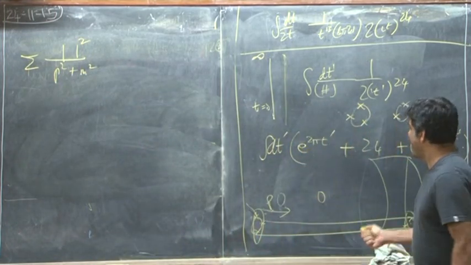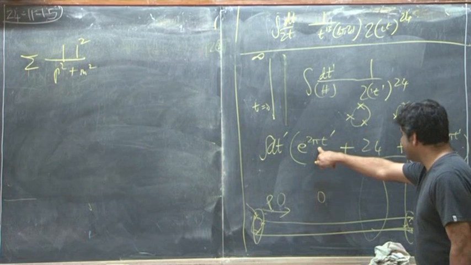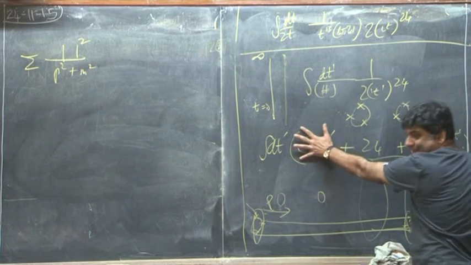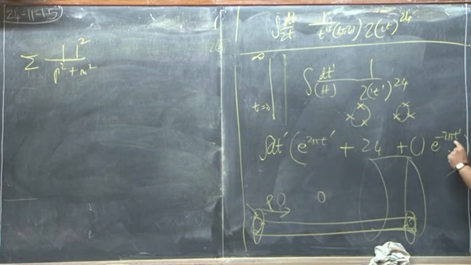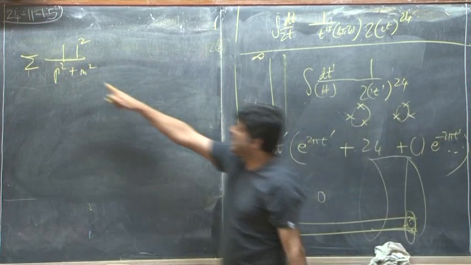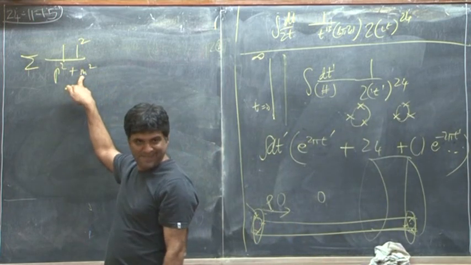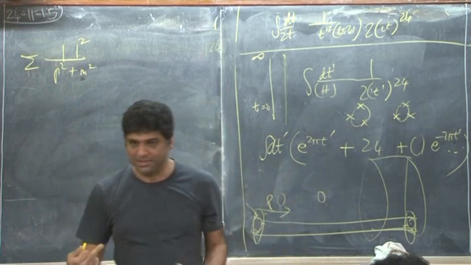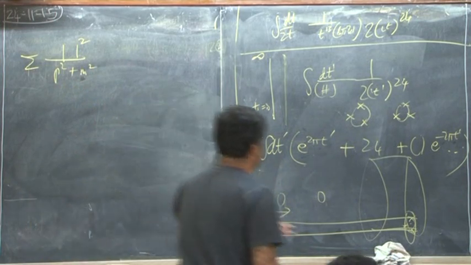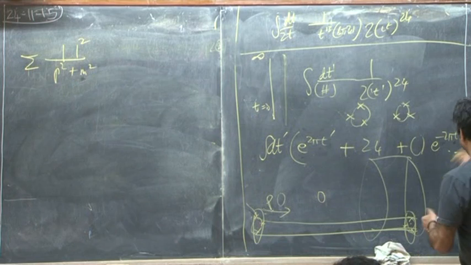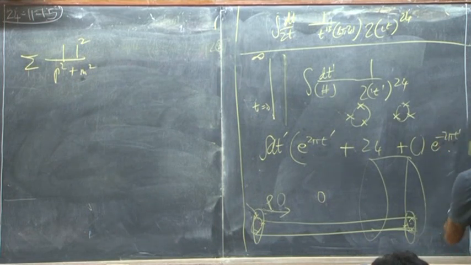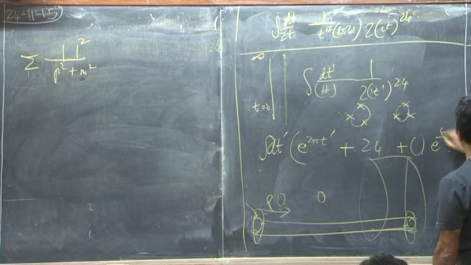Now, doing the integral for any of these guys gives us precisely 1 over the coefficient of this t prime, which was this a squared. Were we to have done it for the scattering amplitudes, we would have got an extra factor of, for instance here, e to the minus 2 pi t prime alpha prime p squared.